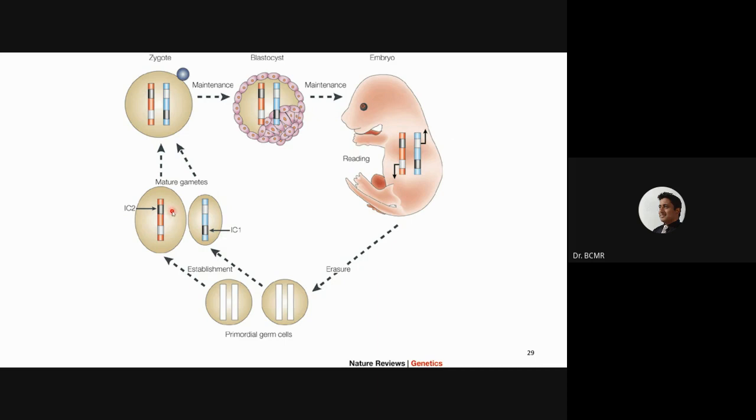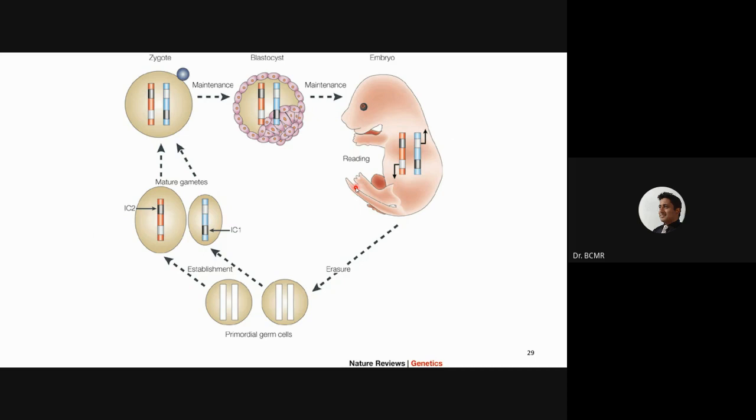Okay, so there is erasure of imprints that happens during the formation of the germplasm or the primordial germ cells, and new imprints are established, the establishment of imprints, and that is determined by the sex of the embryo that we are talking about.